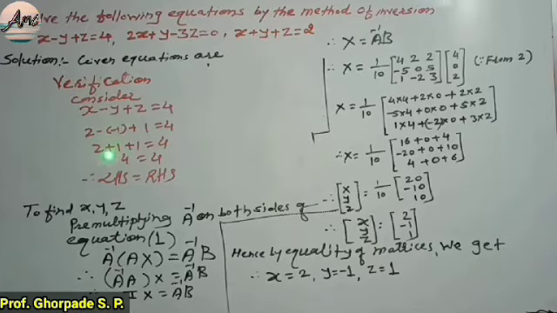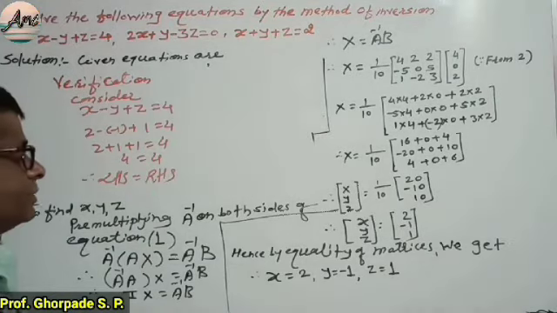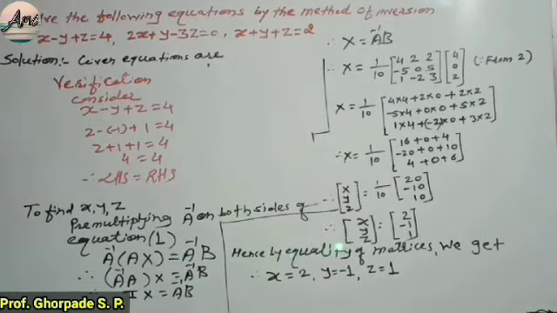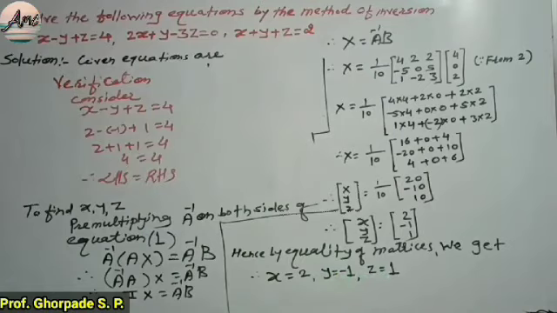So 2 minus minus 1 is plus 1, equal to 4. So 2 plus 1 is 4, 4 is equal to 4. Therefore LHS is equal to RHS. It means that the values x equal to 2, y equal to minus 1, z equal to 1 we got here are the solution of the given equations.